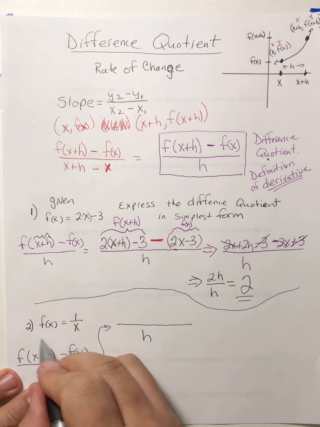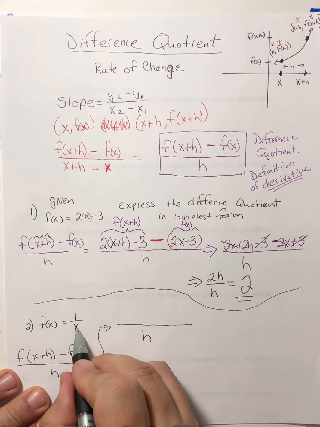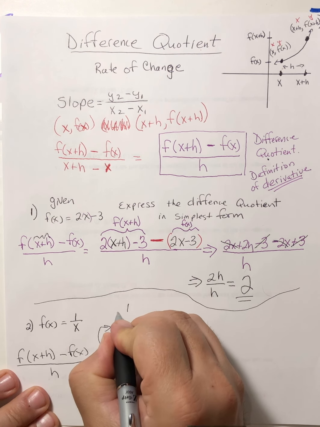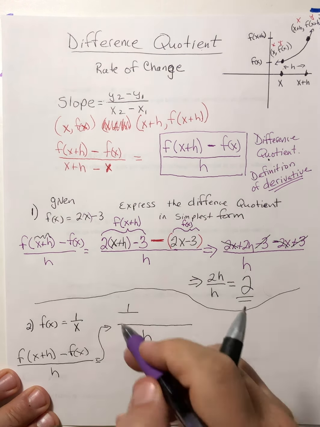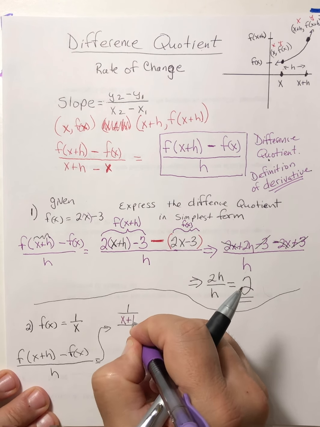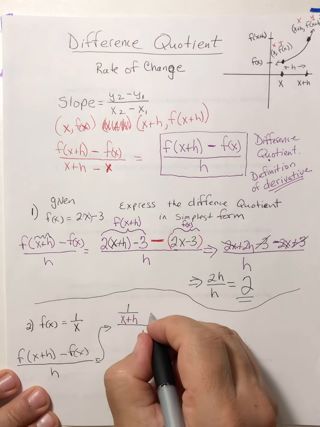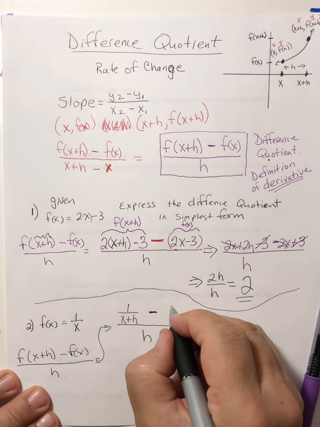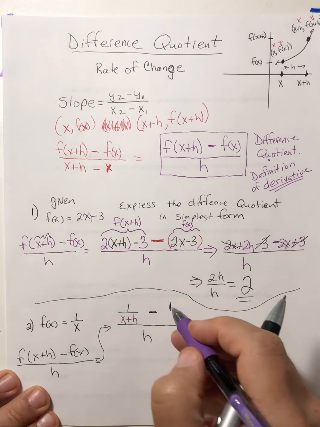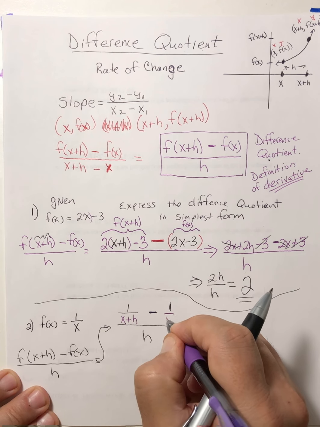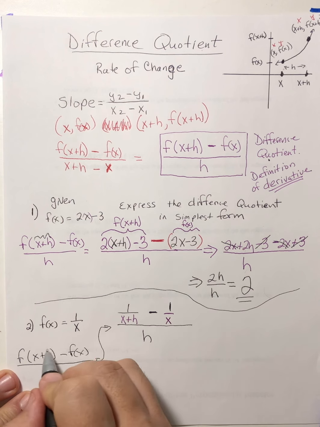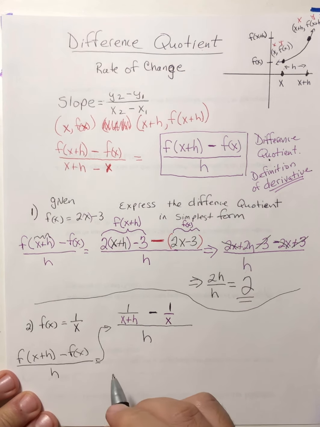So my f of x plus h is literally 1 over, that's right, x plus h, minus 1 over x. All I did was fill in the blanks.